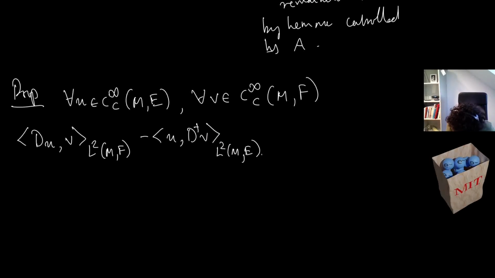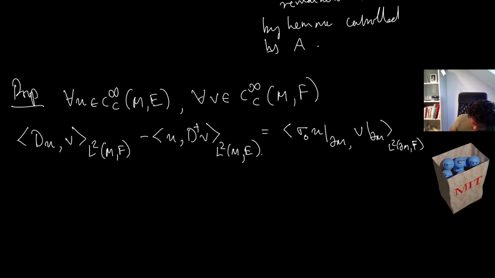So this is equal to sigma naught u restricted to the boundary, v restricted to the boundary, in L2 of partial M f. Okay, so this is for compactly supported smooth sections that take a value at the boundary.